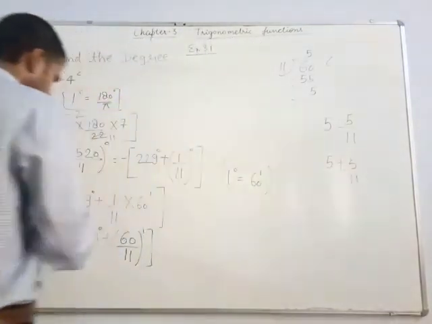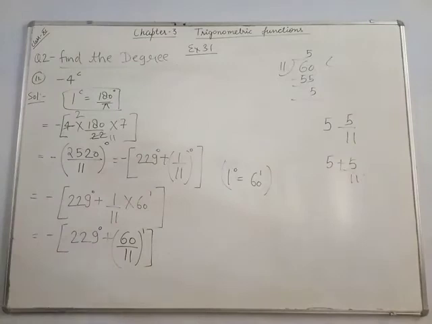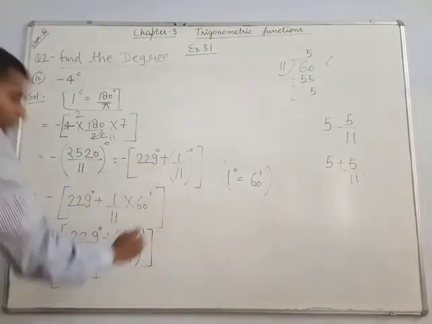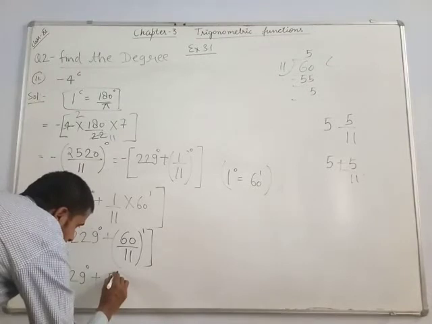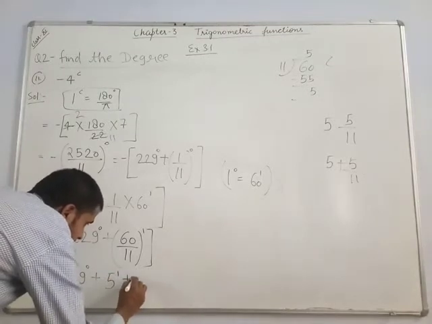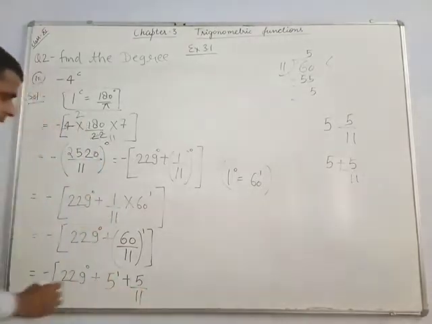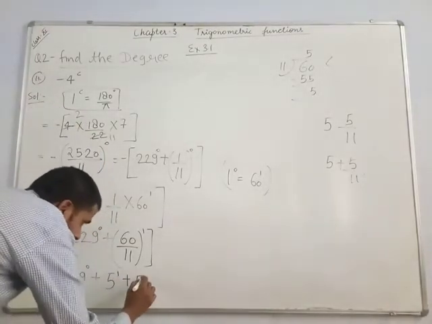You have to write like this: minus sign is there, 229 degree plus 5 plus 5 upon 11, right? So 5 upon 11.